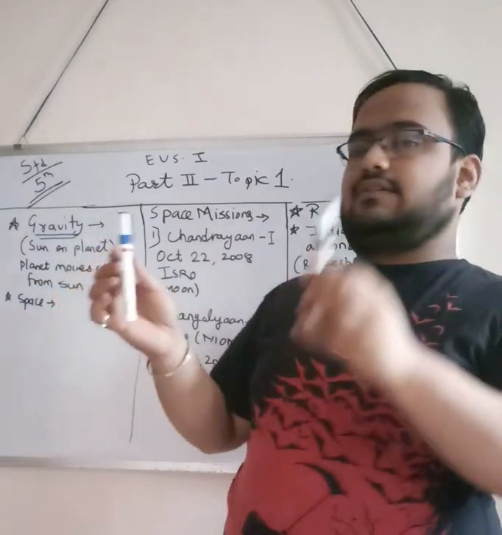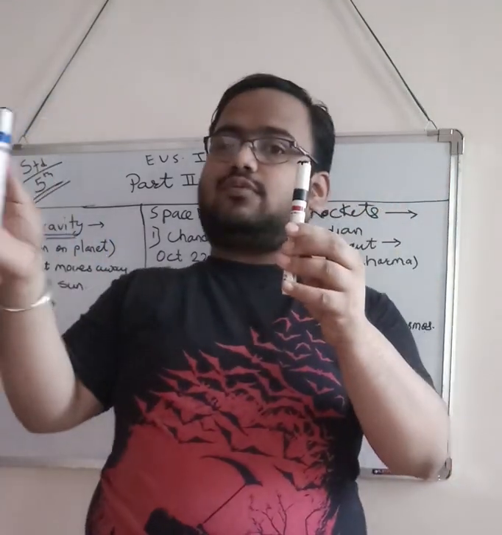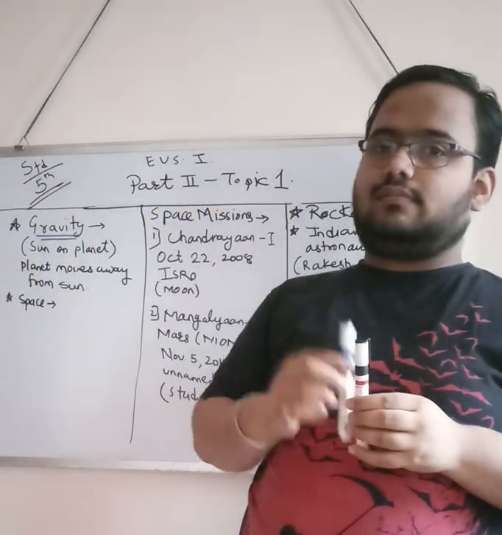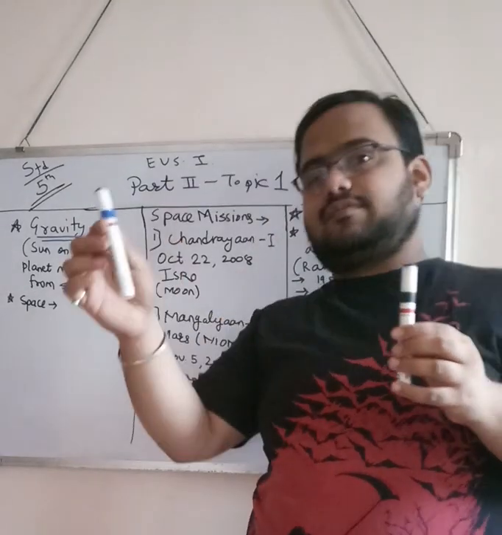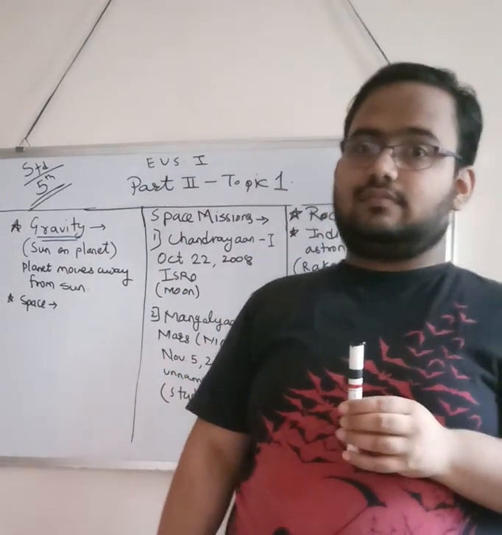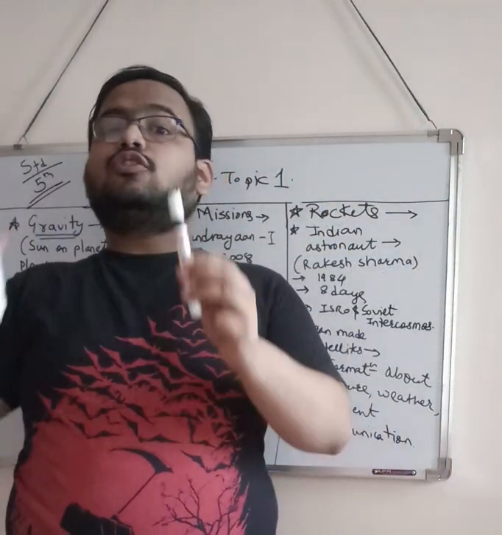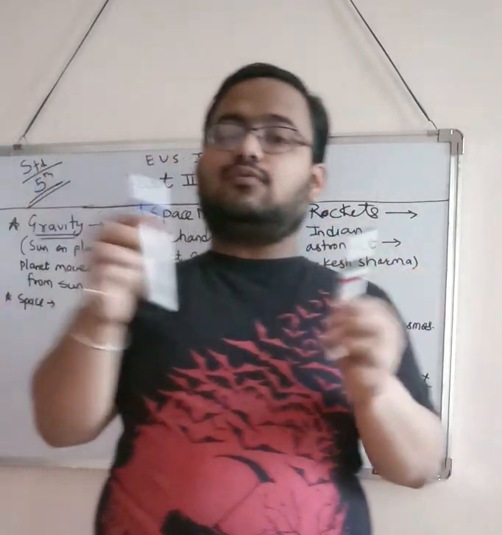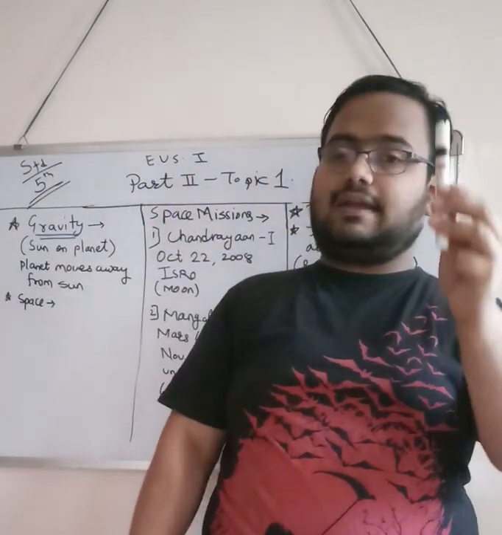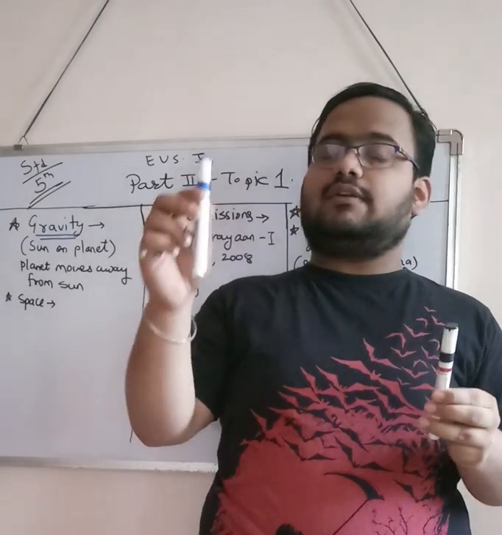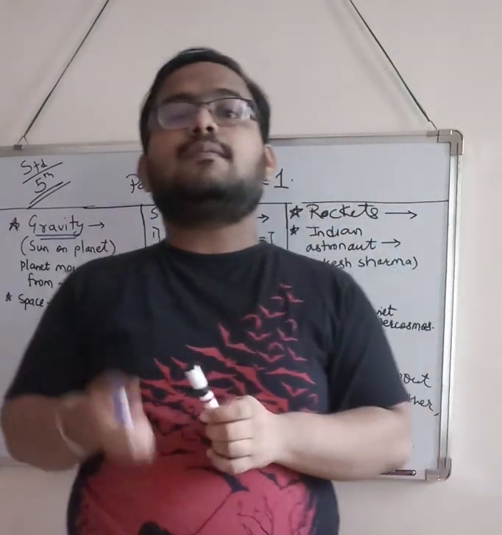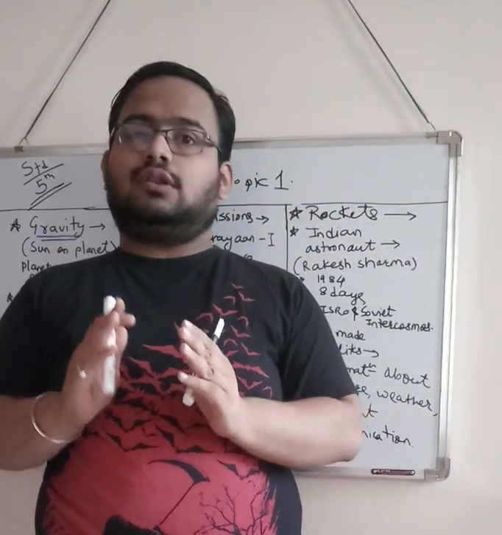The sun exerts a gravitational force on the planet, and the planet tries to move away from the sun. So there are two forces: one force given by the sun, another force given by the planet. Force means push or pull.